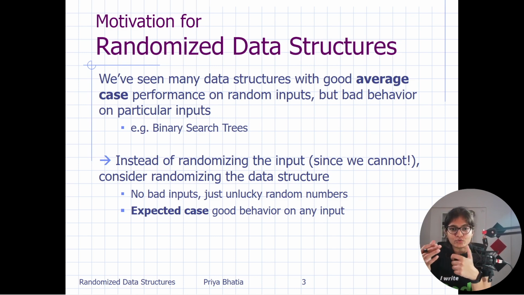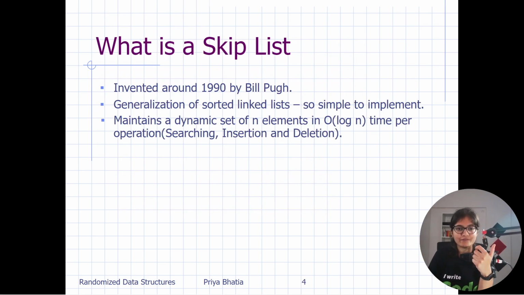So instead of randomizing the inputs, why not randomize the data structure? That is the overall analogy behind the researchers who made this work successful. What we are trying to do is work on top of a sorted linked list.